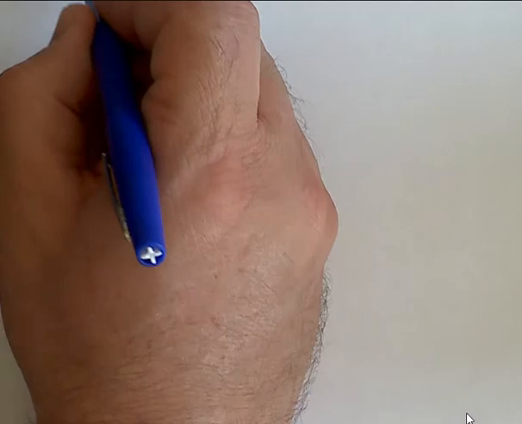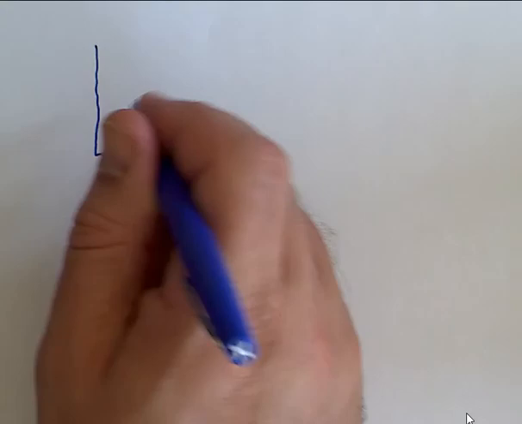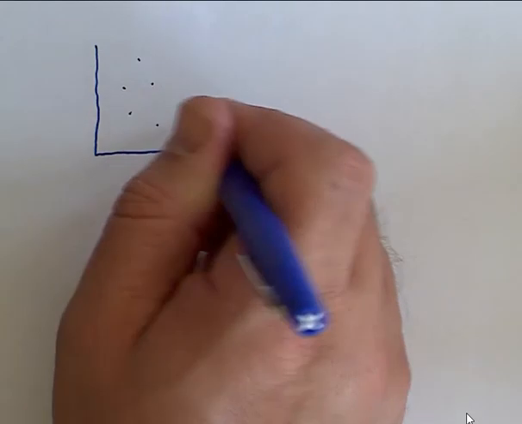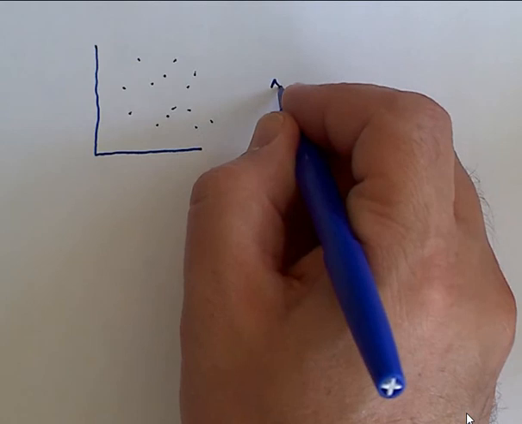So with that in mind, let me just give you a few examples. If you see a graph that has, excuse me, a bunch of dots on it, but they seemingly have no pattern at all to them, so they're just all over the place, we would say that this thing has no correlation.